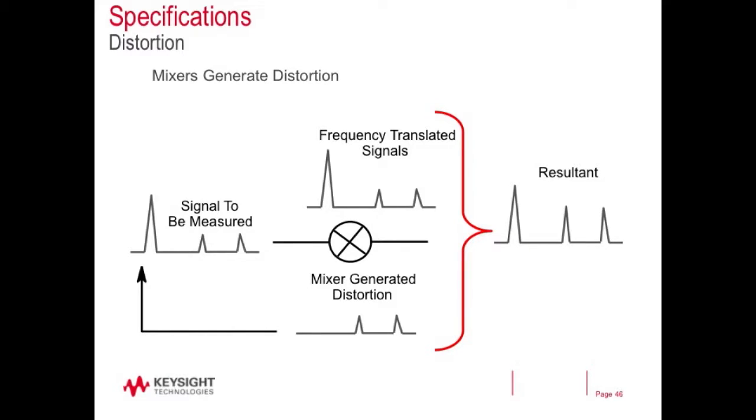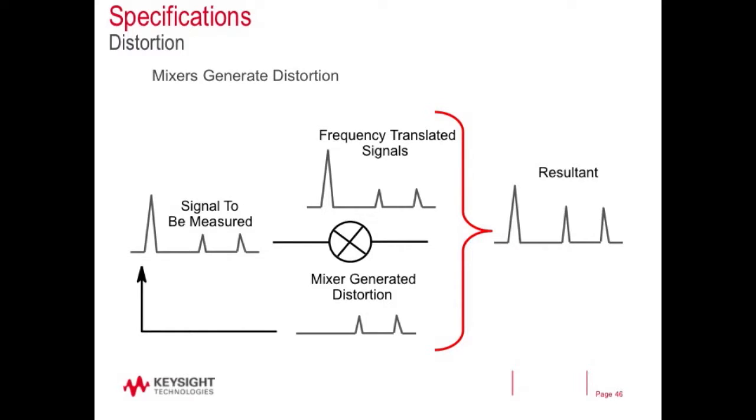So when we look at the RF input, it looks like this, depending on how things are set up, and of course the imperfections in our receiver. Not only will it translate the frequency you want, it will also add some of its own distortion to the measurement.